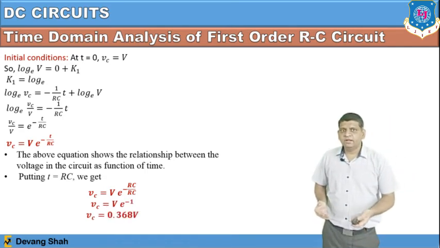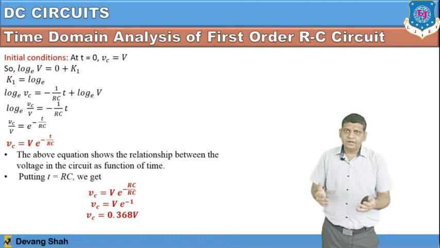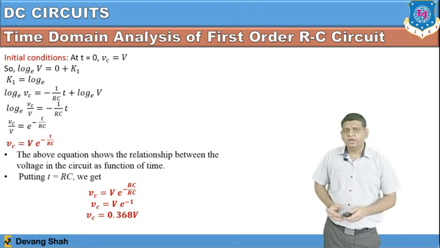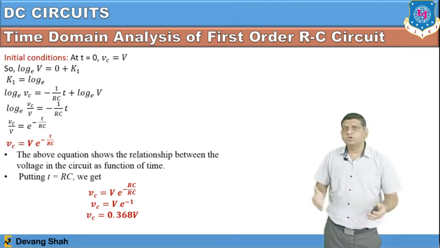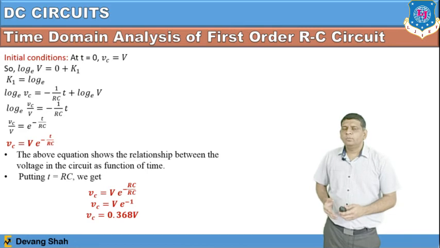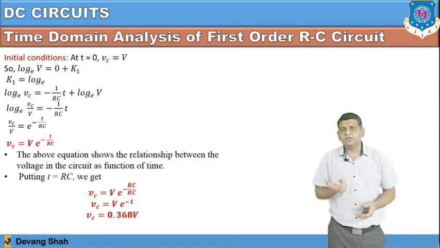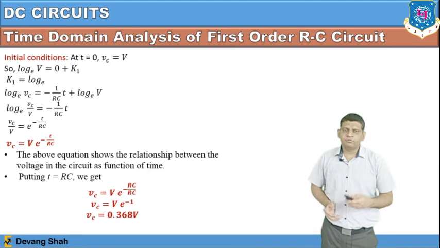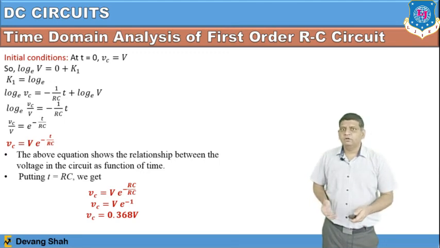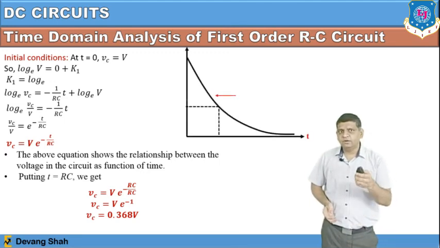Taking all the values, the value of Vc is 0.368 into V. So if the time duration of the switch at position 2 equals the time constant, the voltage across the capacitor falls to 36.8% of its charged value.